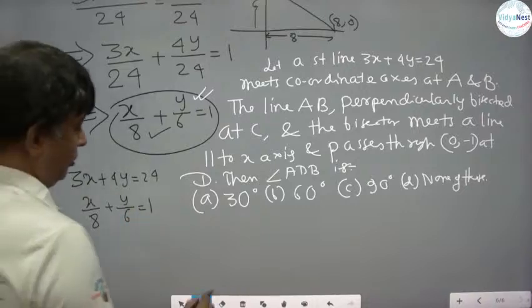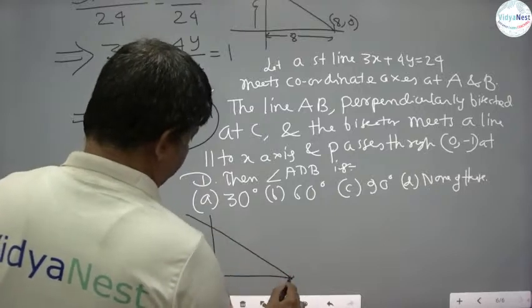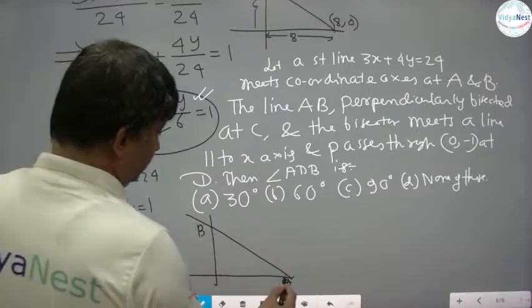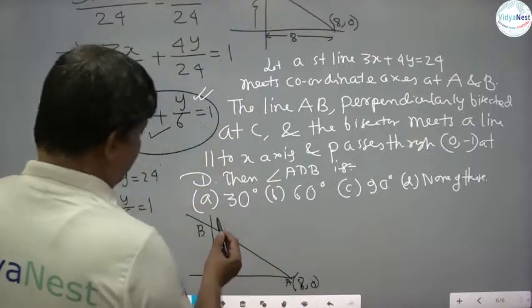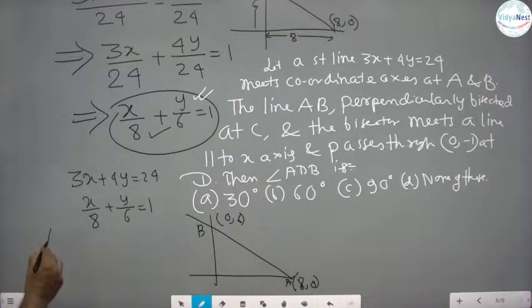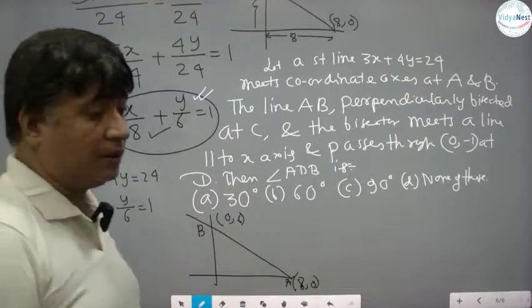So what will be the figure? Like this. A and B. A is (8, 0), B is (0, 6).